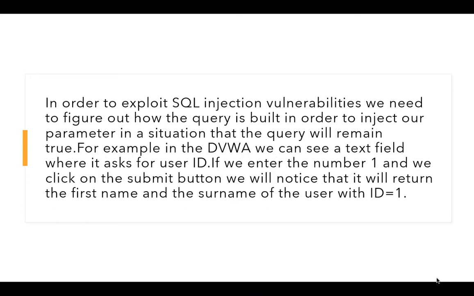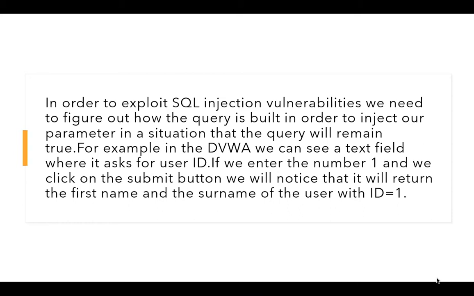In order to exploit an SQL injection vulnerability, we need to figure out how the query is built, in order to inject our parameters in a way that the query will remain true. For the example in DVWA, which we are going to discuss in just some minutes, we can see a text field that asks for the user ID.